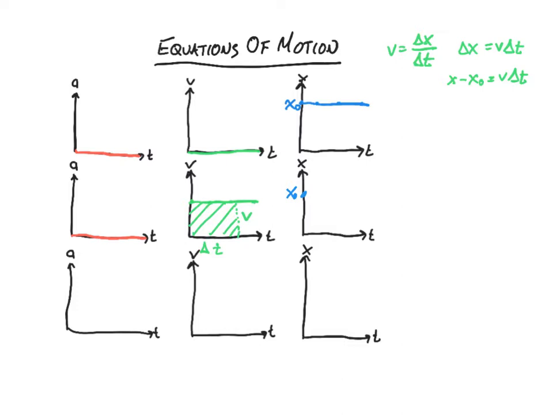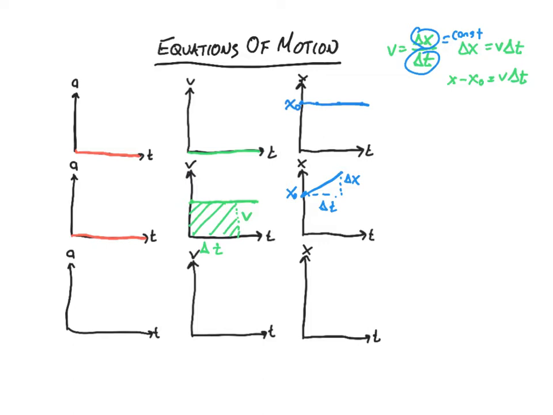Now since v is constant in this case, this also means that delta x over delta t is constant. In other words, the change in x and the change in time are proportional, so we have a straight line here, and that gives us our graph for x, right?